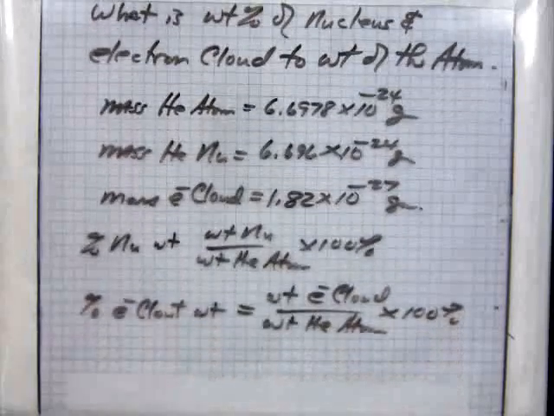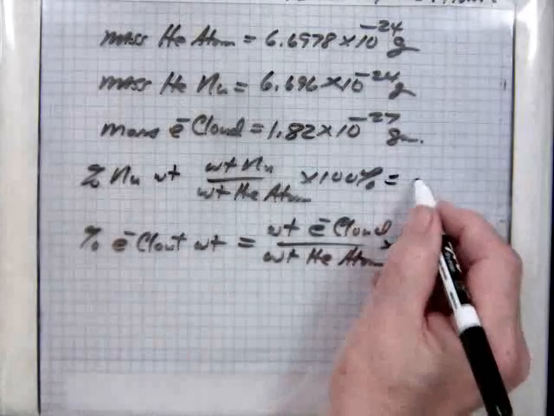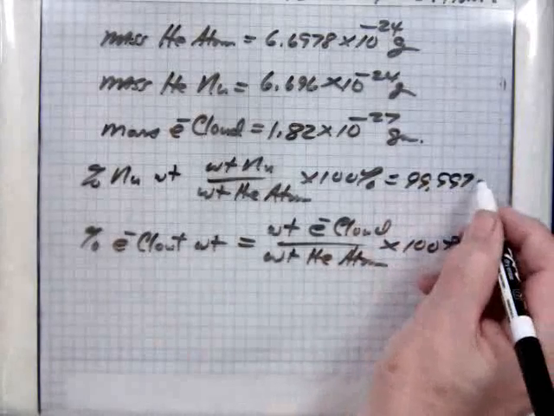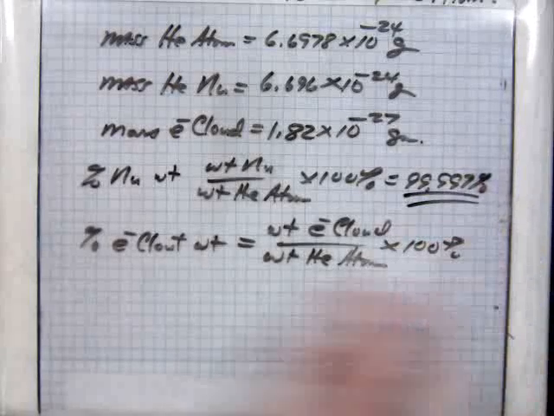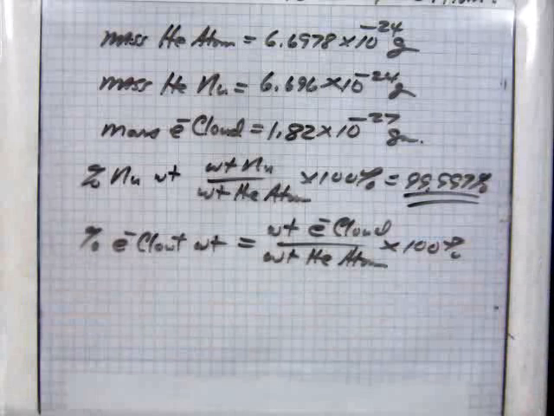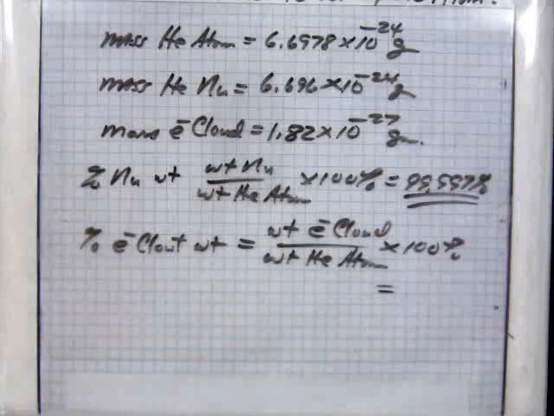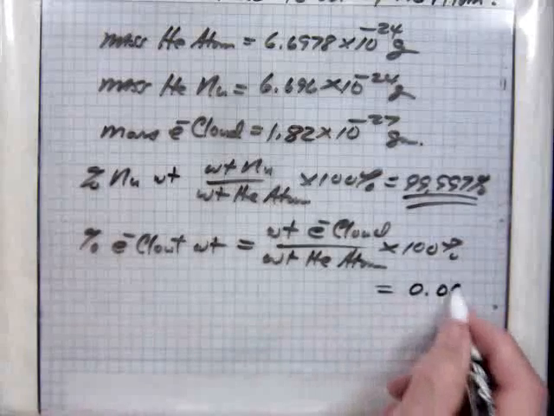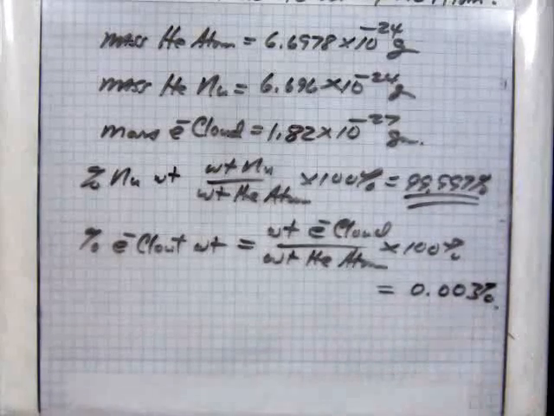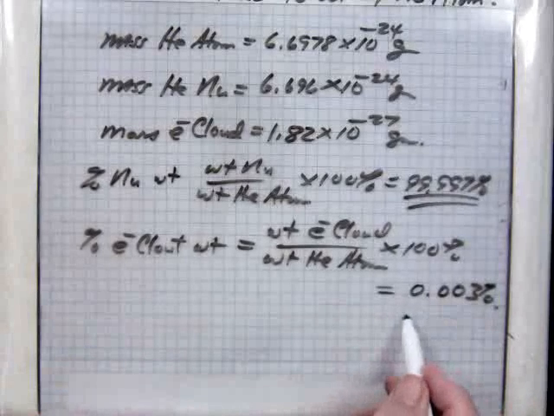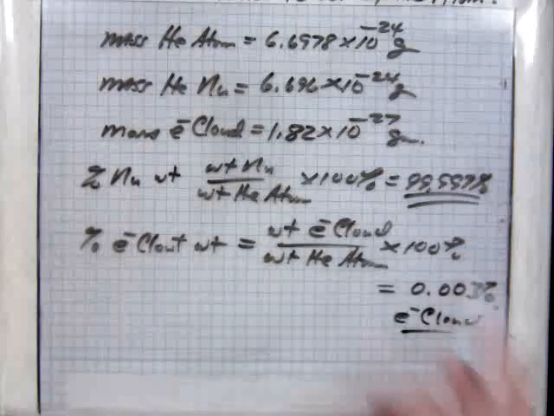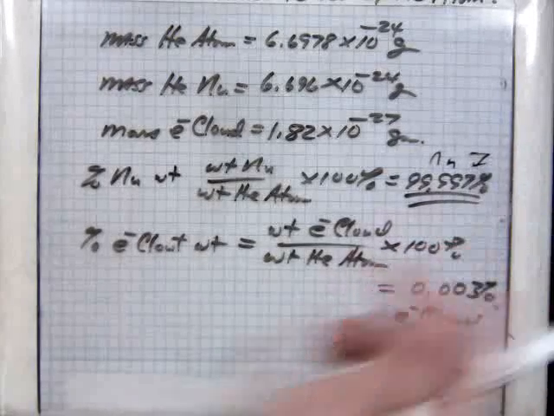Well, to make a long story short, this comes out to be 99.997% by weight of the atom being the nuclear contribution, whereas the weight of the electron cloud is 0.003%, for the electron cloud, and this is the nucleus right here.